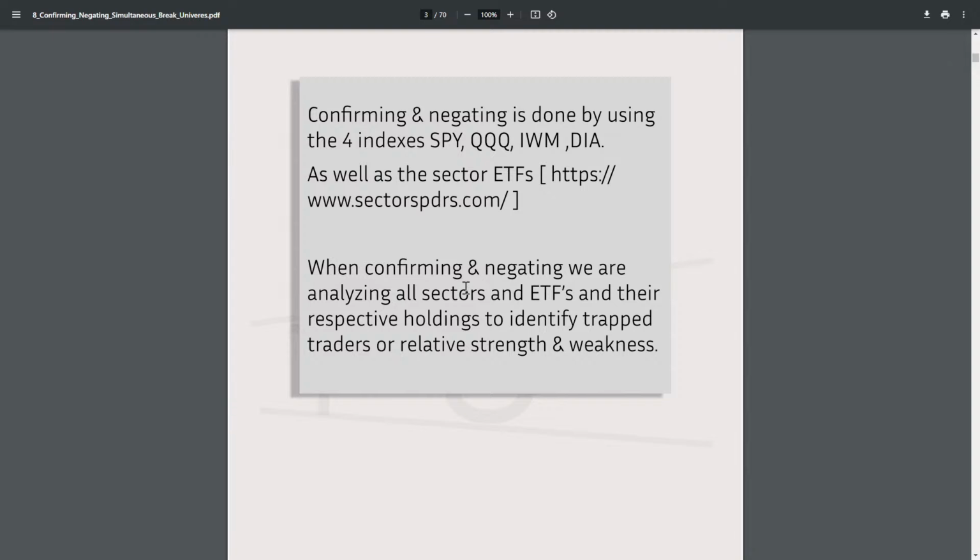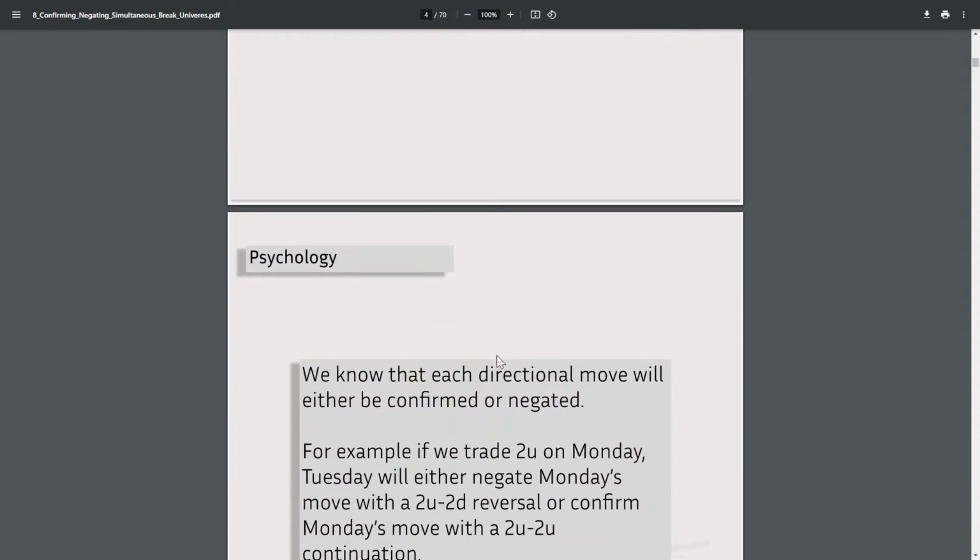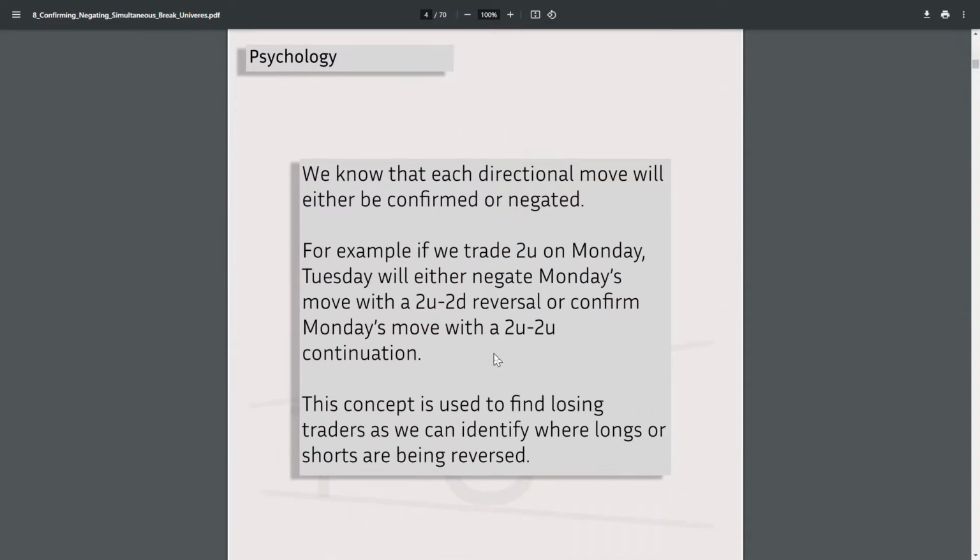When confirming and negating, we are analyzing all sectors and ETFs and their respective holdings to identify trapped traders or identify relative strength and relative weakness. So the psychology behind this is we know that each directional move will either be confirmed or negated.